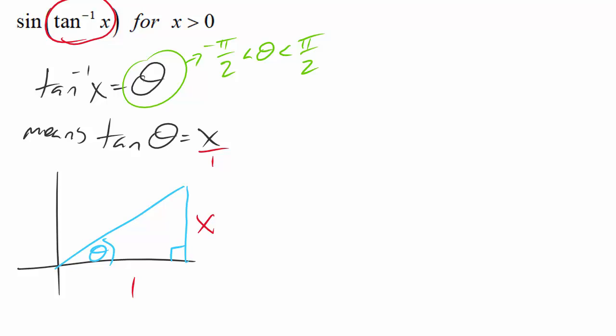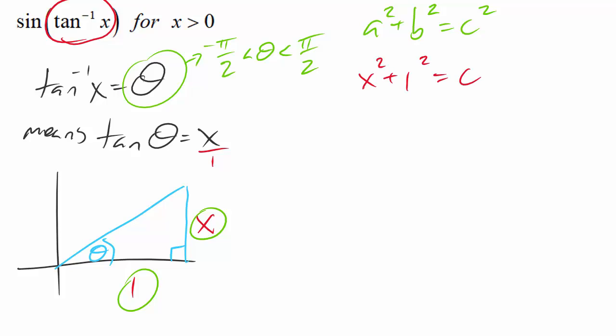In order to do that, we're going to go back to the Pythagorean theorem, and I think this one will actually benefit from us working it out on screen here. So the Pythagorean theorem, we have a squared plus b squared equals c squared, where a and b are the legs of our right triangle. That would be our x and 1, and c is going to be the length of our hypotenuse. So this gives us x squared plus 1 squared equal to c, our hypotenuse, squared.